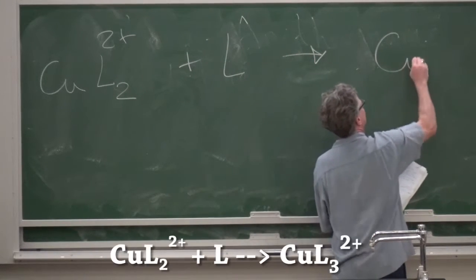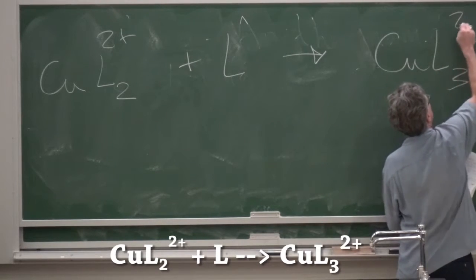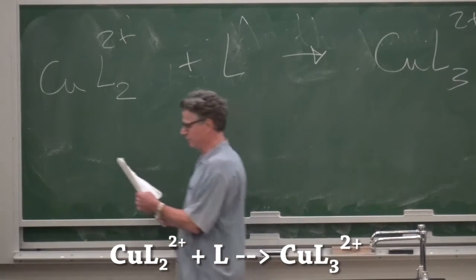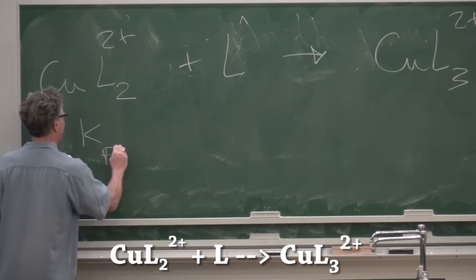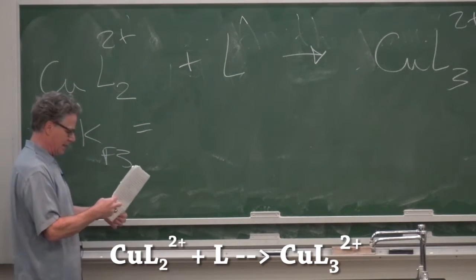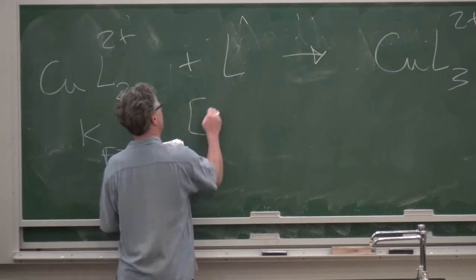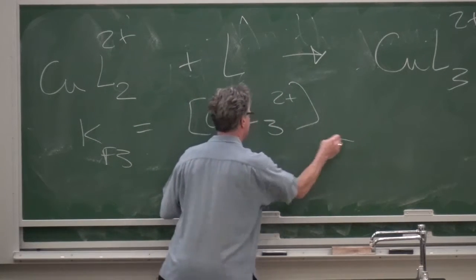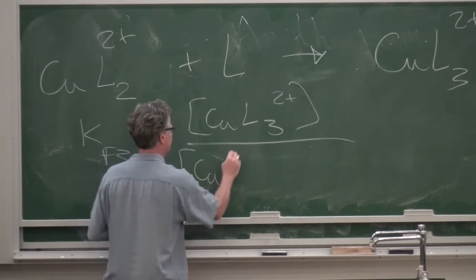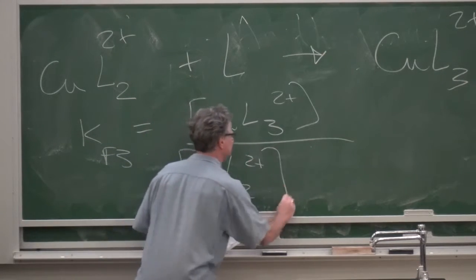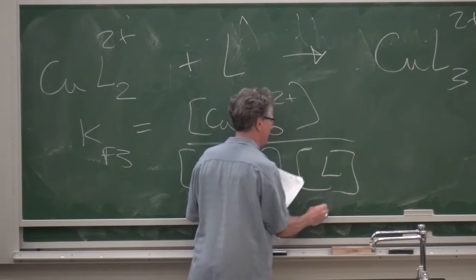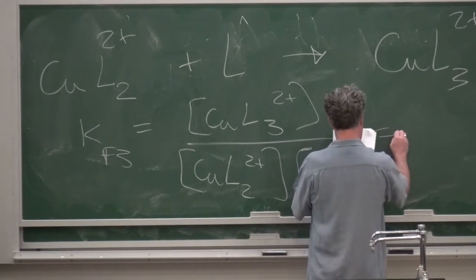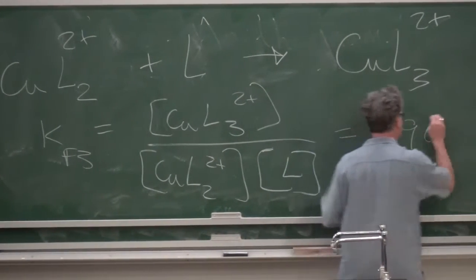We can make the triamine complex, and we describe that by Kf3. That would be the equilibrium concentration of the triamine complex over the equilibrium concentration of the diamine complex times the equilibrium concentration of the ammonia, and that is 790.